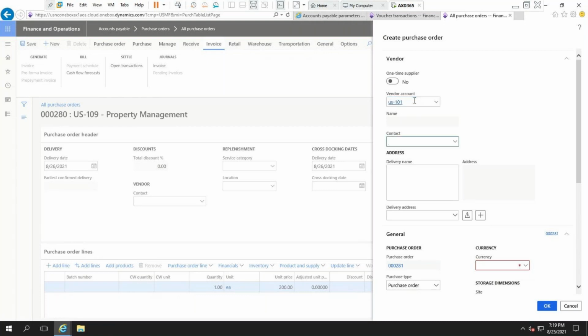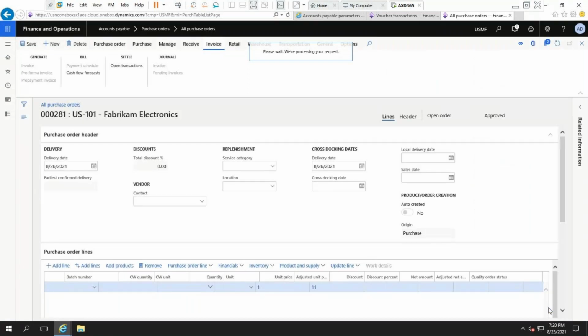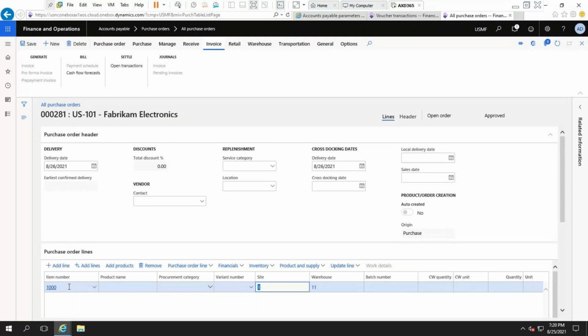Click on tab. Select the site and warehouse. Click OK. Select the item 1000. Now it is 899. Suppose I'm giving a 10% discount, then it is 809. I'm doing confirmation.